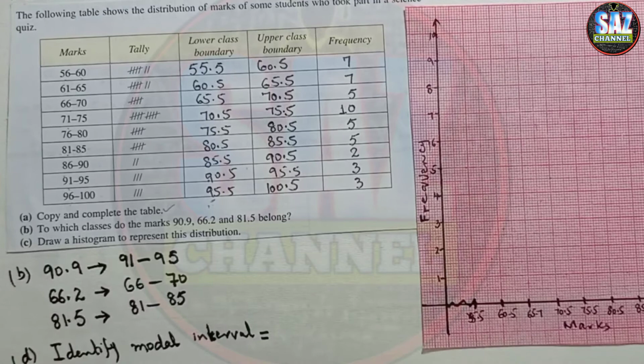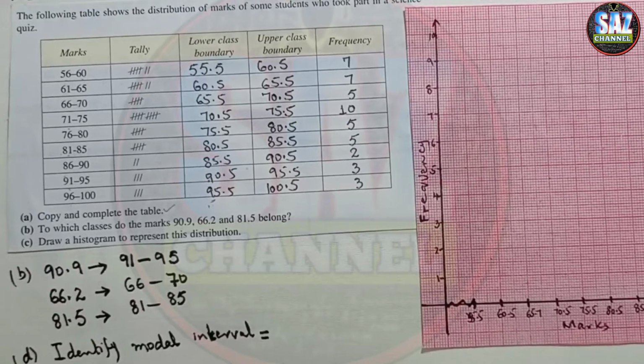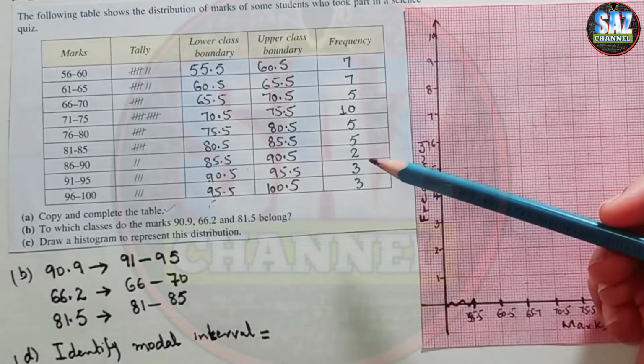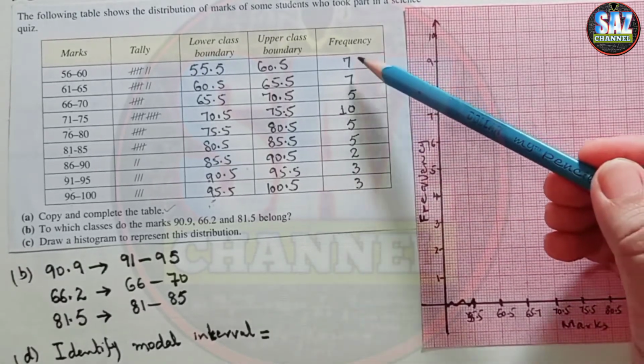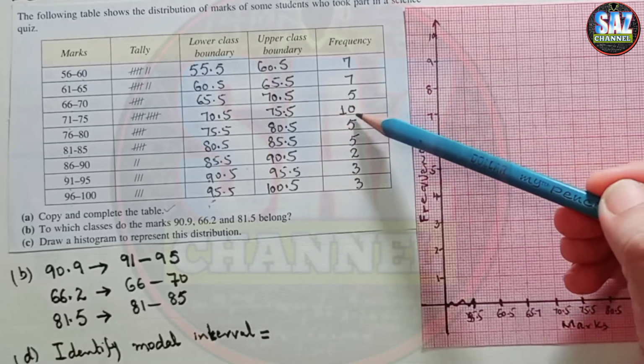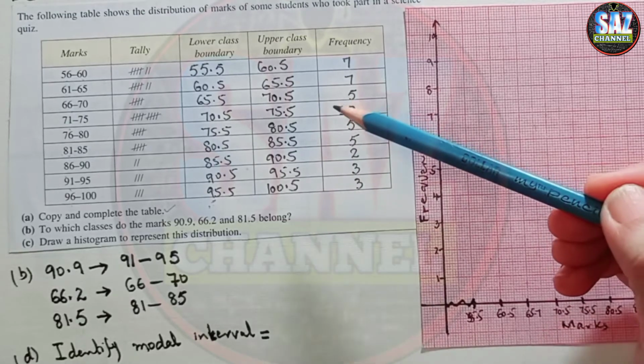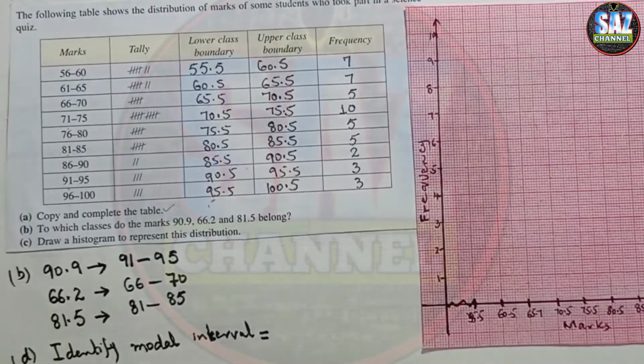Recall my previous lesson: for a grouped frequency table, what is the mode? The mode is the value that has the largest frequency. Now see which one is the largest frequency. The largest frequency in this data is 10.